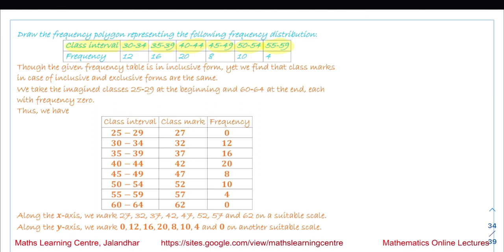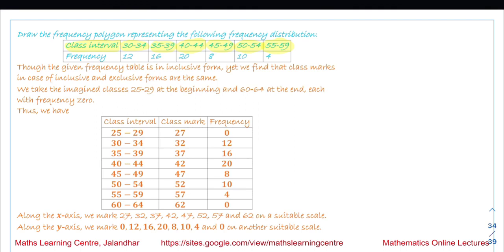What we see from this is that the intervals given over here are in the inclusive form. Either the intervals are in the inclusive form or in the exclusive form, that will not change the method to find the frequency polygon. The method will remain the same.